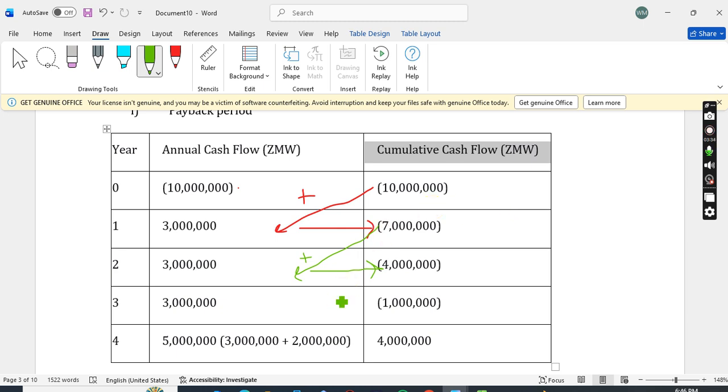Year 3, you put again 3 million here. So you say negative 4 million plus 3 million, you get negative 1 million.